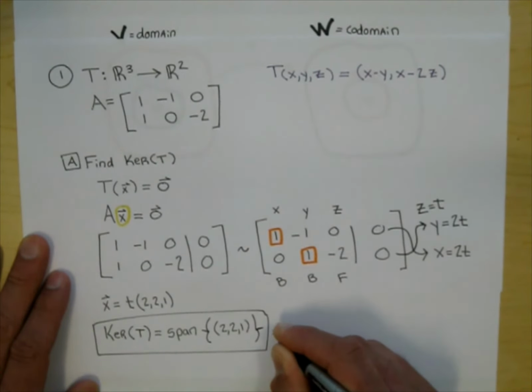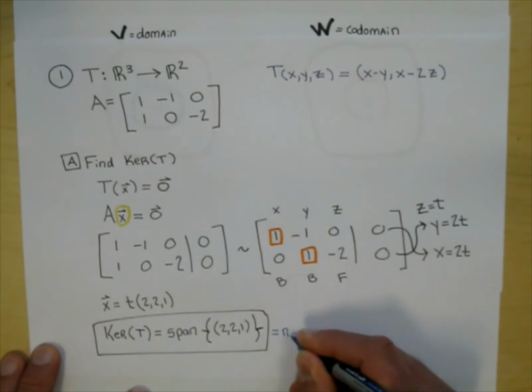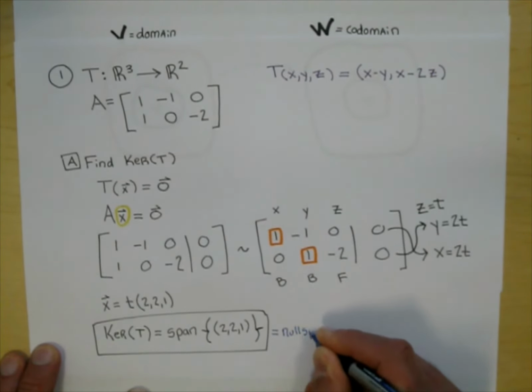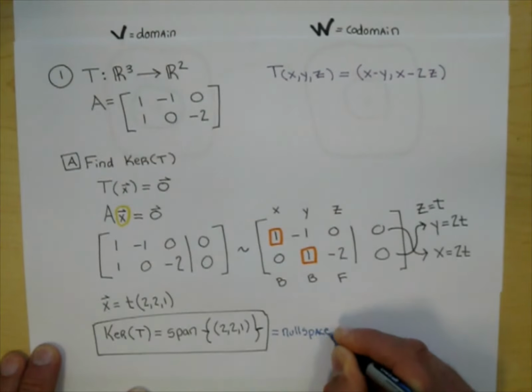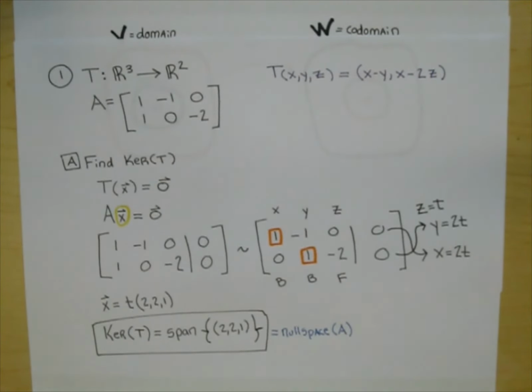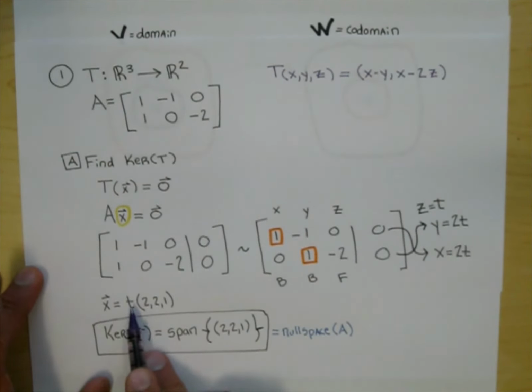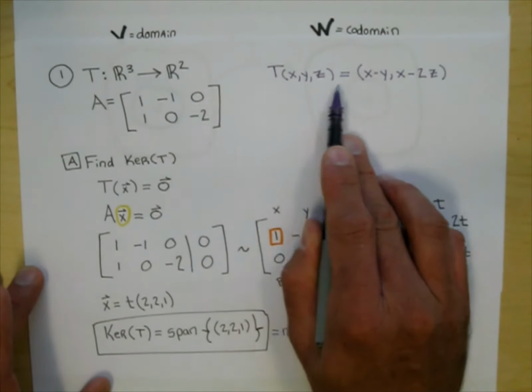So this is the null space of A. That is what the kernel is. Now you can plug in different things from the kernel. Watch, and look what's in the kernel. First of all, t equals 0 is 0, 0, 0.